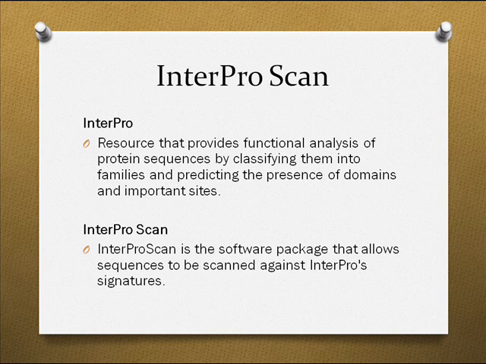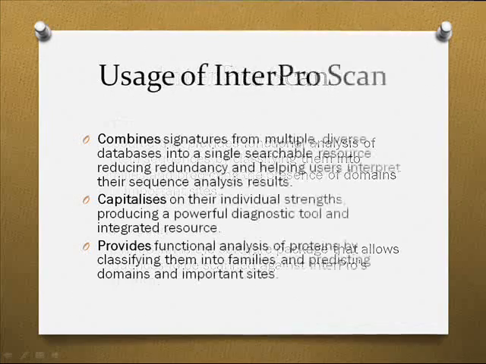To classify proteins in this way, InterPro uses predictive models known as signatures, provided by several different databases that are referred to as member databases that make up the InterPro consortium. Meanwhile, InterProScan is the software package that allows sequences to be scanned against InterPro signatures.